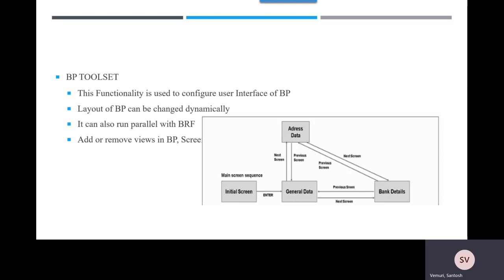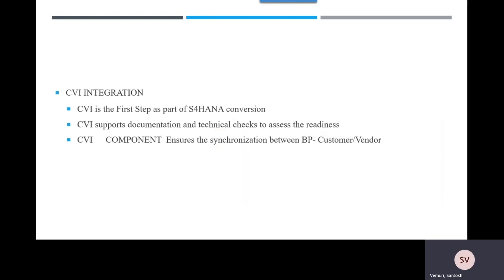Okay. So CVI integration is also one of the concepts where I create my business partner, and when I select the role as a customer, automatically the customer is getting created in the backend, and you are able to see it in KNA1 or KNB1 or KNVV.